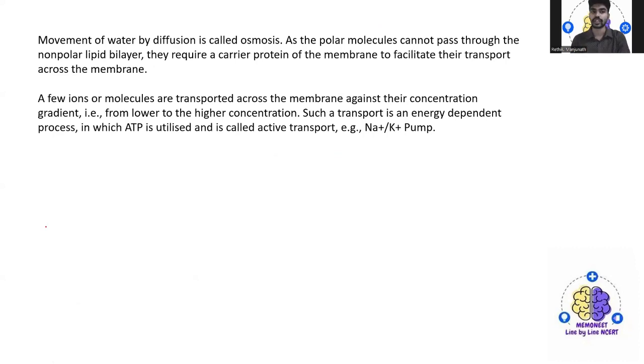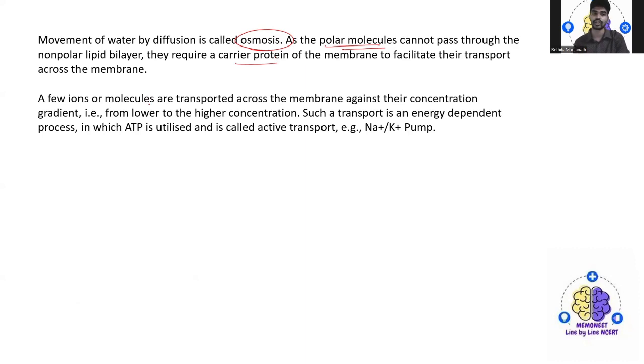So the movement of water by diffusion is called osmosis. As polar molecules cannot pass through the non-polar lipid bilayer, they require a carrier protein of the membrane. Certain restrictions will be there, so at that time they require some carrier protein to facilitate this transportation across the membrane.